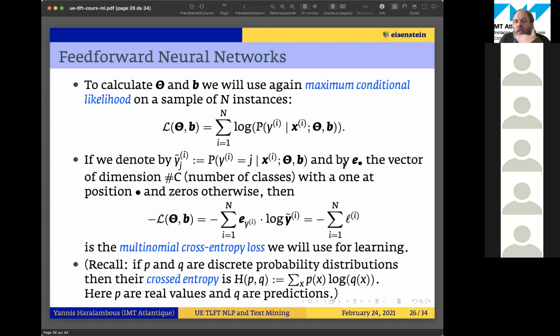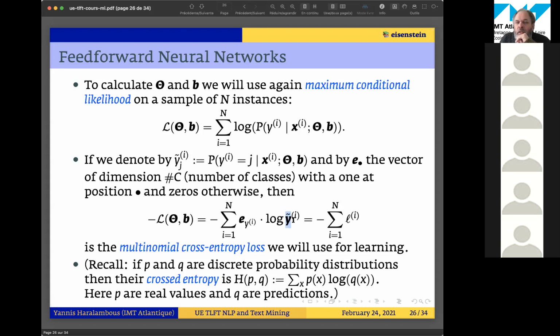So it's like an indicator function for this dimension, like a Dirac function, if you want. If I take all J's, then I get a vector, which I write in bold, because it's a vector.